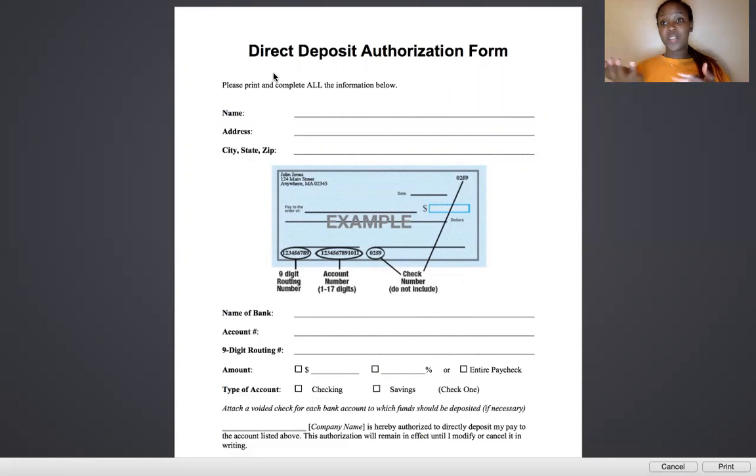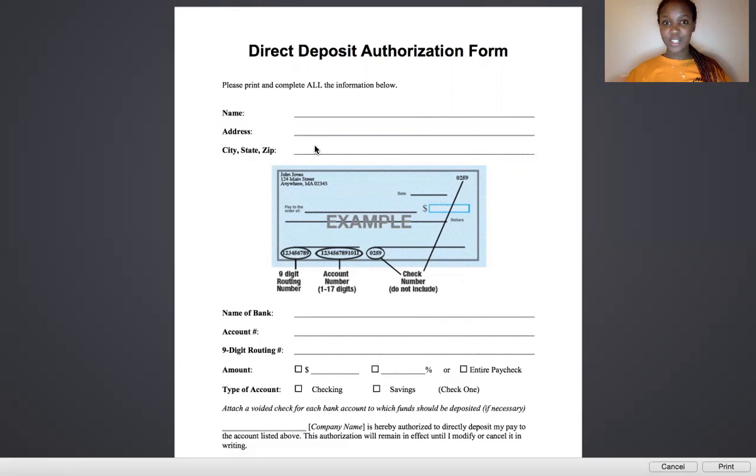So you don't get a check from work because the money goes straight into your bank account. So this is the form you have to complete to get your paychecks directly deposited into your account.